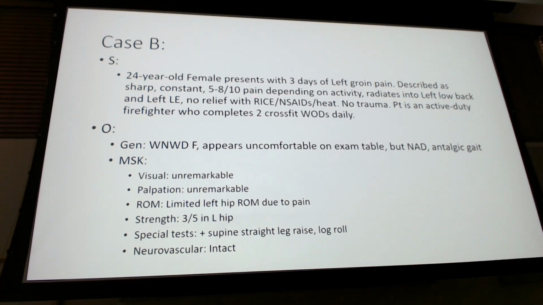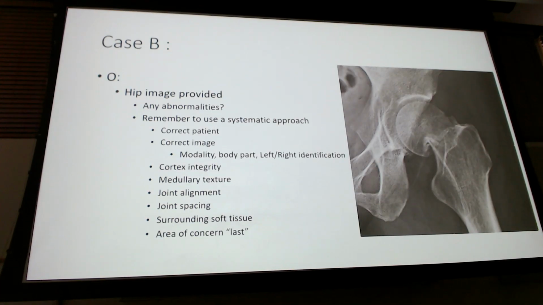On top of that, she's doing 2-a-days of CrossFit, right? So that by nature, again, is somewhat traumatic to our joints and things along those lines. So although there's not a true trauma, what you're probably seeing here is repetitive pressure, repetitive trauma over time.